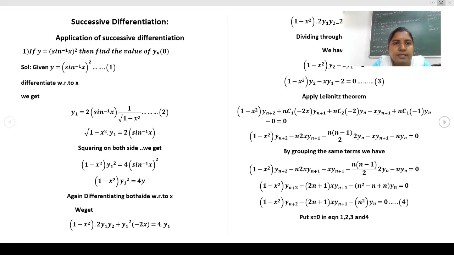Solution. Consider the given equation y equals sine inverse of x whole square as equation number 1. Now, differentiate with respect to x.